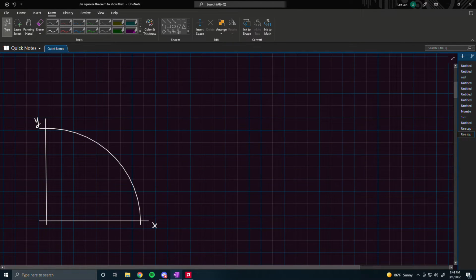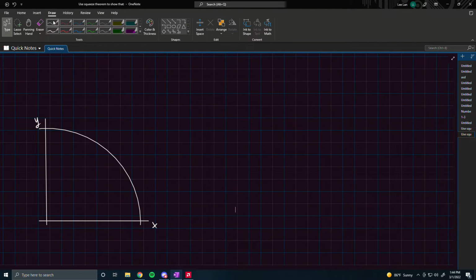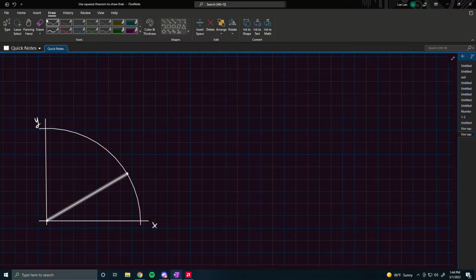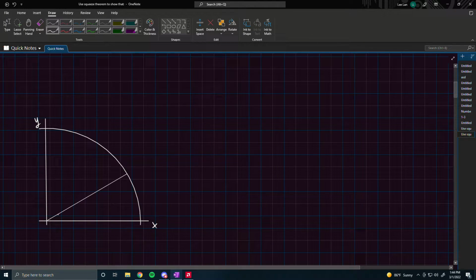So here I already set up a unit circle, and I'm just going to draw a line, and this angle is going to be x. So where this line meets this circle, this is my point (x, y). A little confusing, but it's not the angle x.